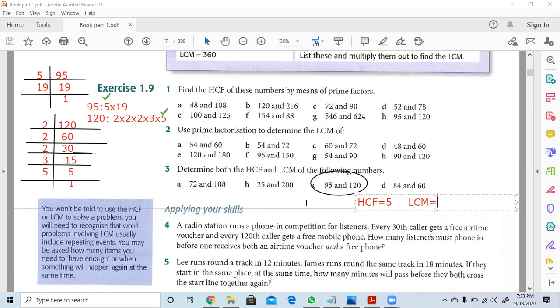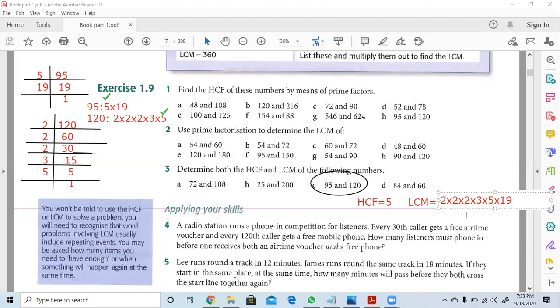LCM is equal to what? In LCM case, we take all. No, 5 and 5 is common only. Okay. So we also take all these numbers, like here I write, just a moment. 2 multiply 2 multiply 2 multiply 3 multiply 5 multiply 19.